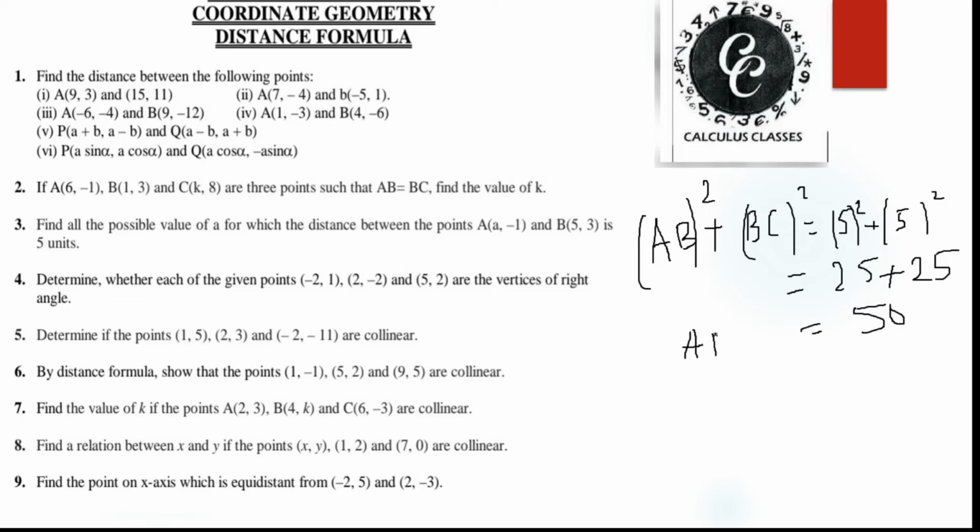What was the 50? What was written there? I wrote AC squared. I hope you have seen that AC squared was there.